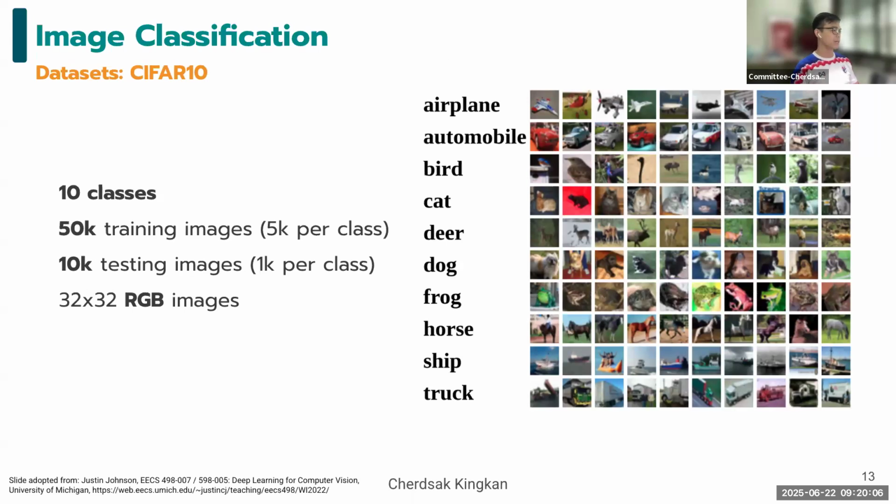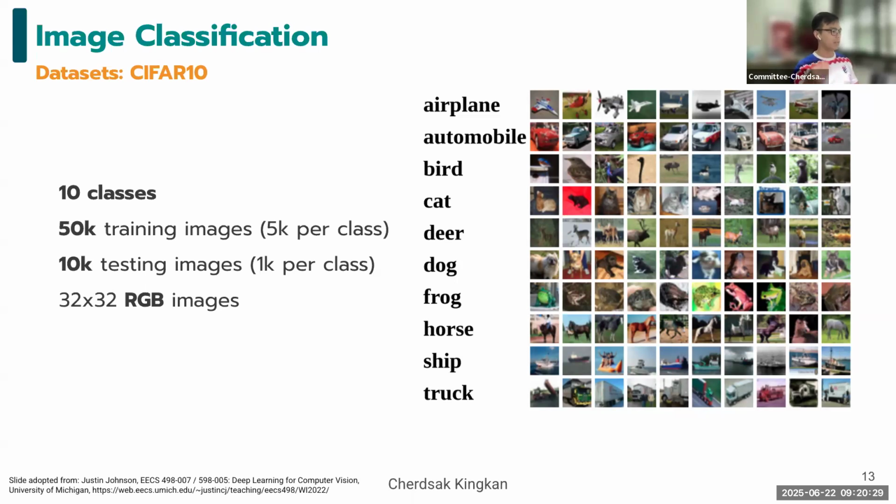And the next data set would be CIFAR-10, right? So CIFAR-10 has 10 classes as well, but across different objects, not just digits, ranging from airplane, automobile, bird, cat, something like that.